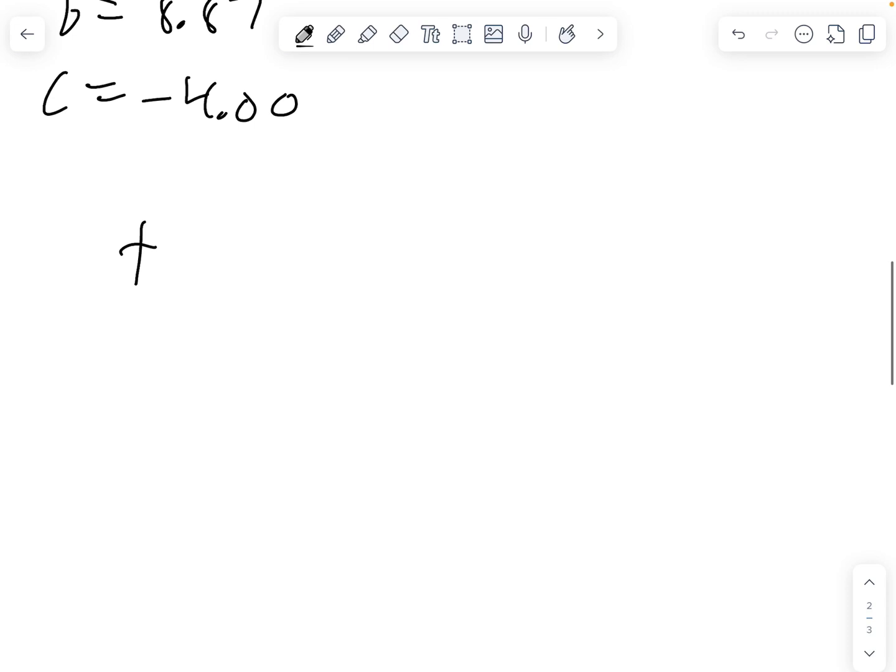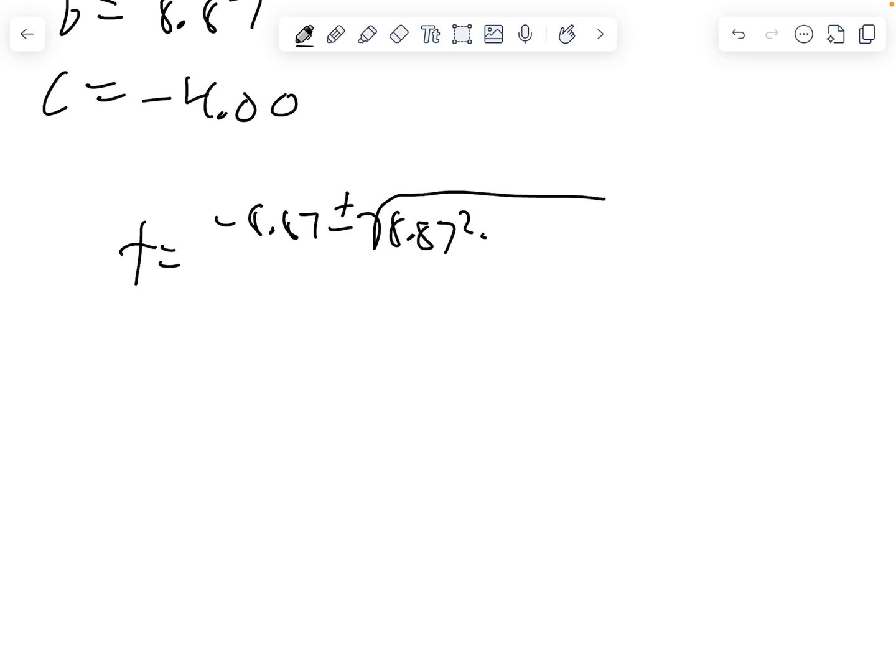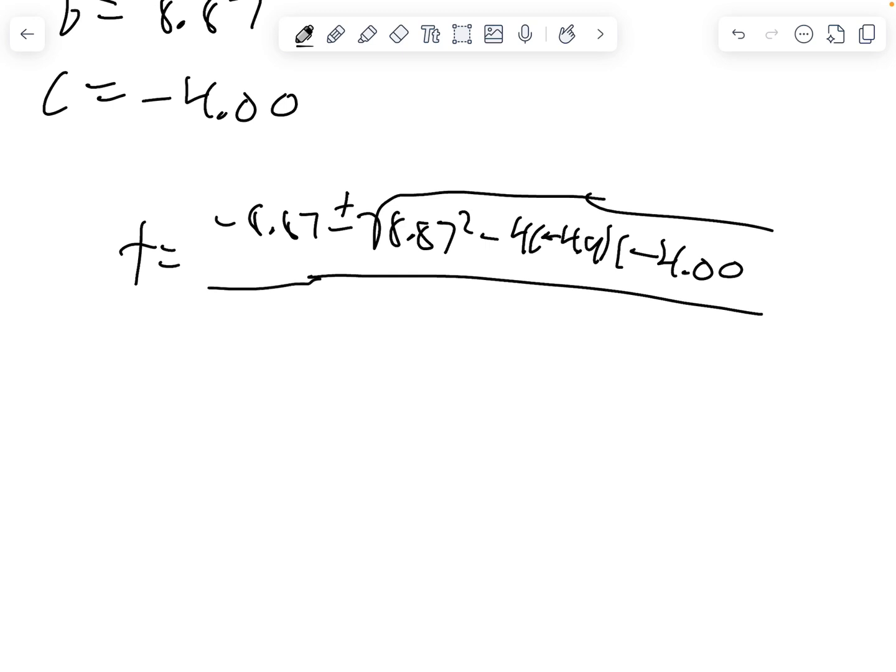So it would be t equals negative 8.87 plus or minus the square root of 8.87 squared minus 4 times negative 4.9 times negative 4.0, all over 2 times negative 4.9 at the bottom.